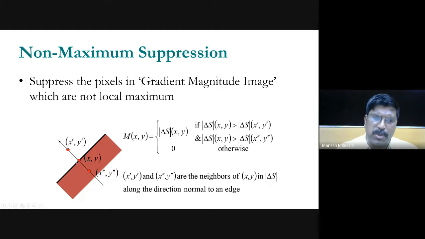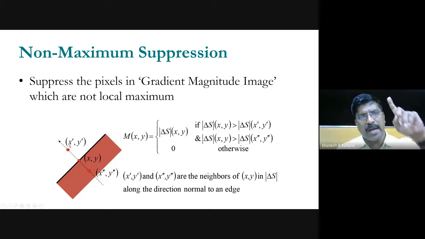Now suppose you are comparing and you get the maximum response at (x', y') as compared to (x, y) or (x'', y''). At that time you keep (x', y') as the pixel on the edge, and you remove the other two pixels.